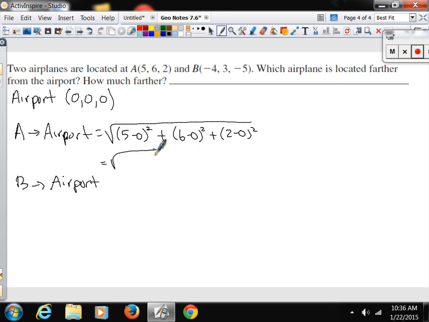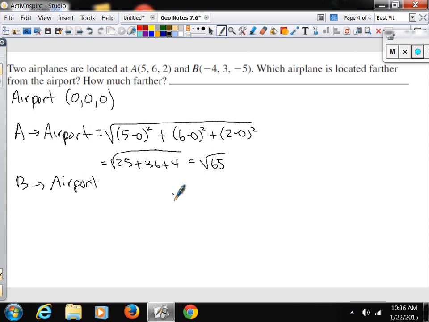So you're going to end up with 5 squared, which is 25, plus 6 squared, which is 36, plus 2 squared, which is 4. 25 plus 36 plus 4 is 65. So square root of 65.